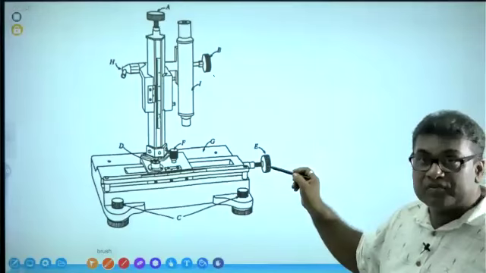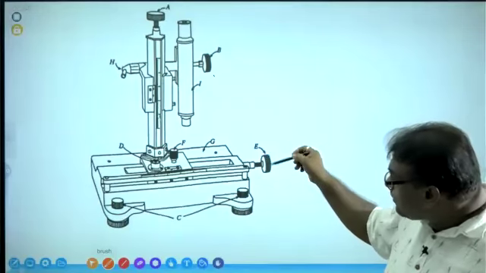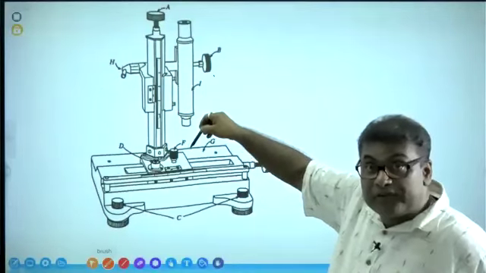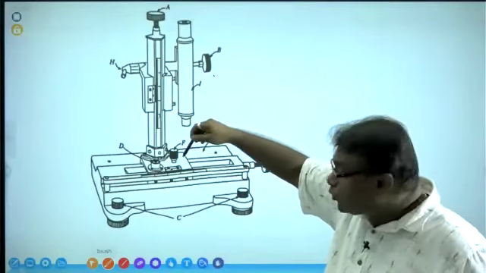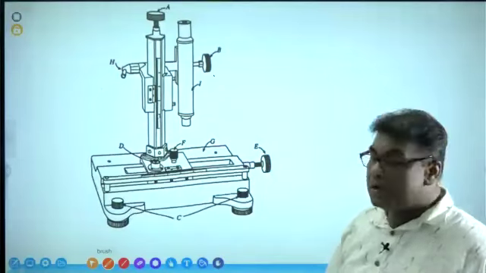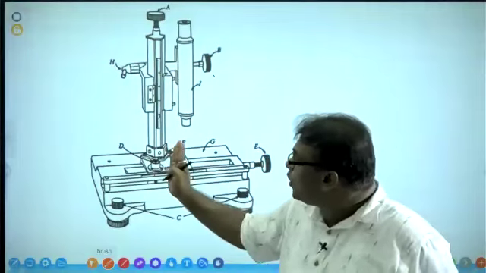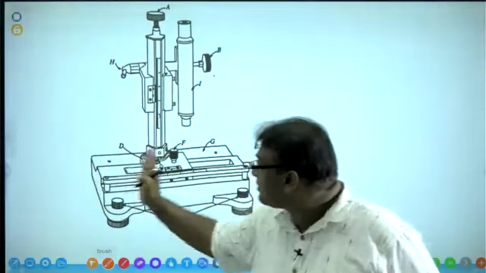Horizontal fine adjustment screw. But before operating this one, F is the horizontal rough adjustment screw. After releasing this one, we can shift this whole vertical pole here and there, right?